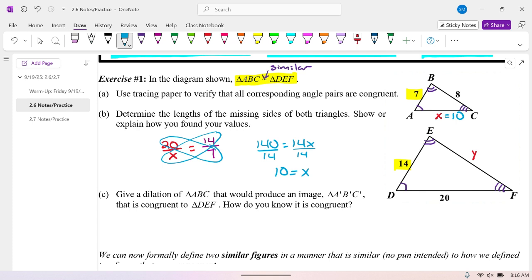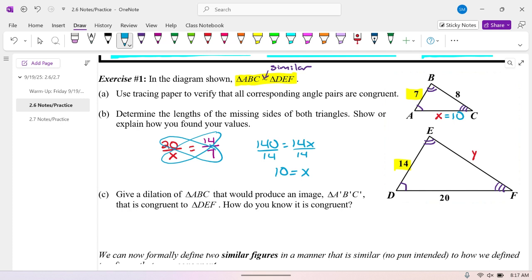What about y? Yes. Yeah, you could figure out the scale factor and divide by it. So this scale factor is really straightforward, but sometimes the scale factor isn't as obvious. So that's where this would come in handy.